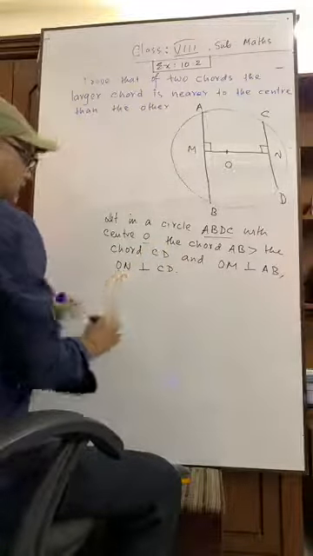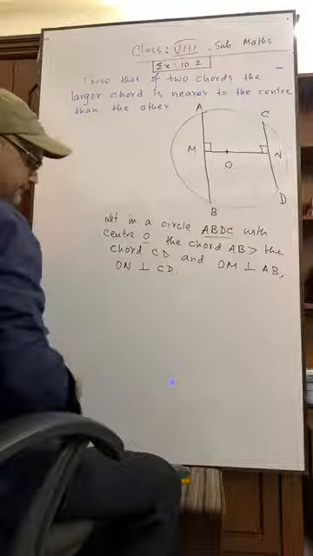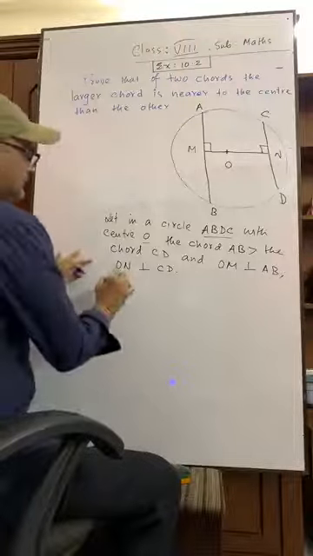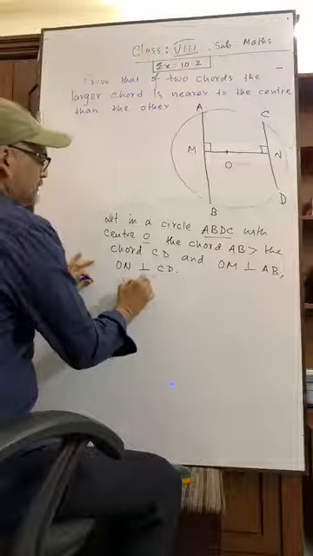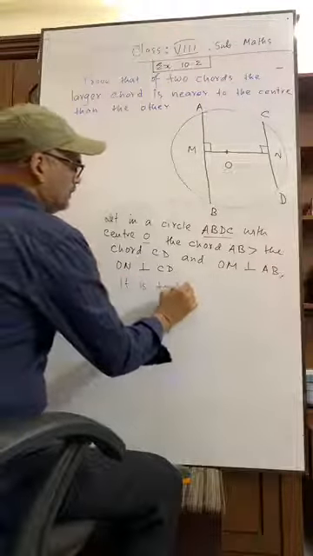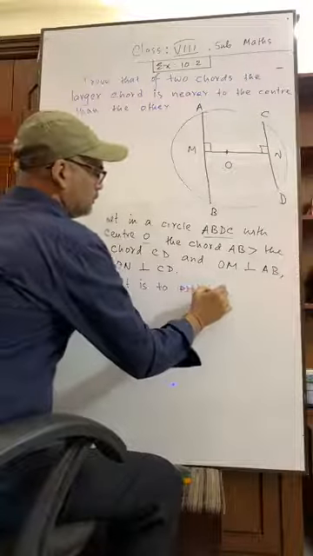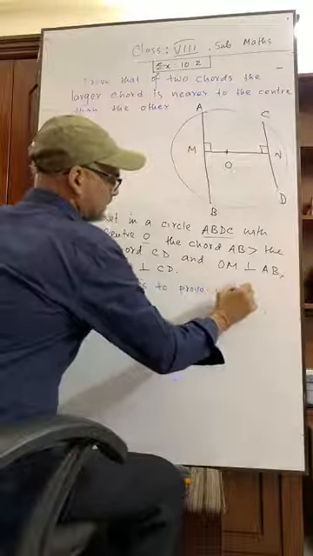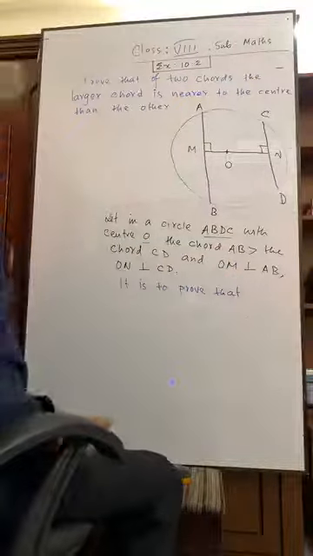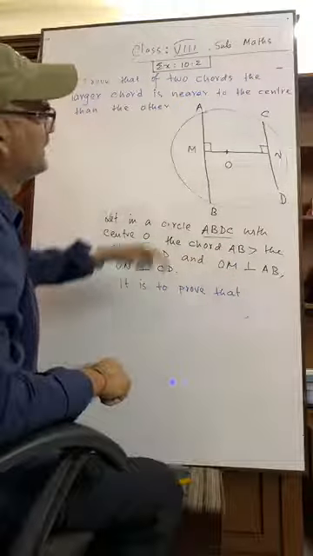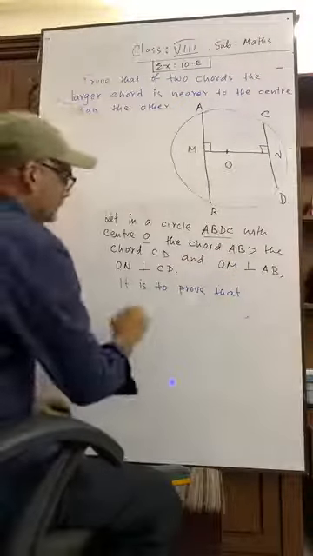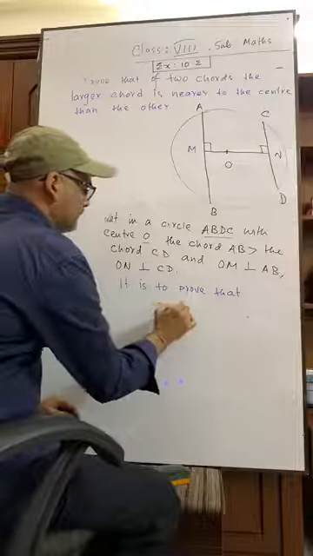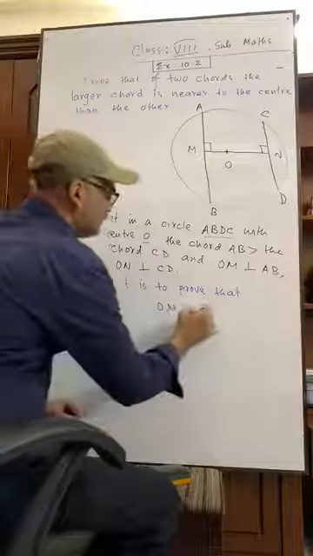It is to prove which one is nearer to the center. Definitely we can see that OM is less than ON.